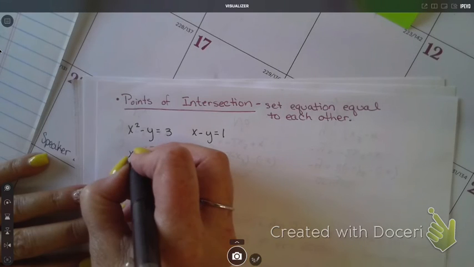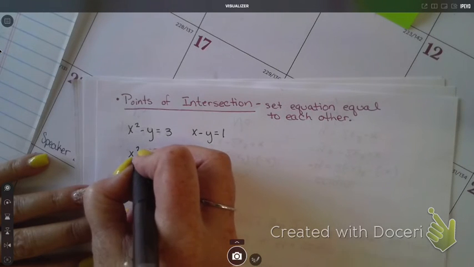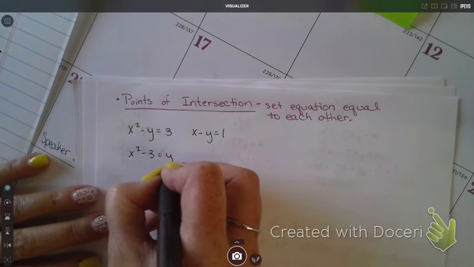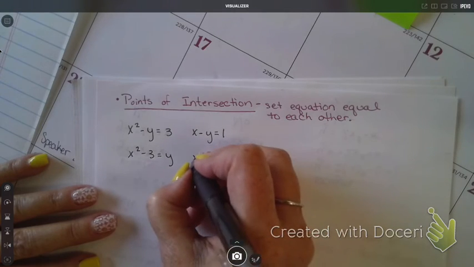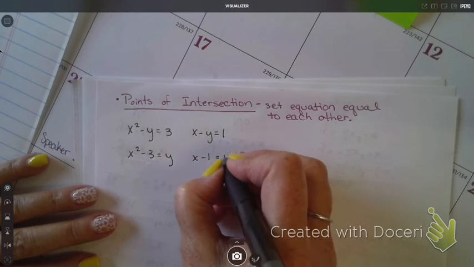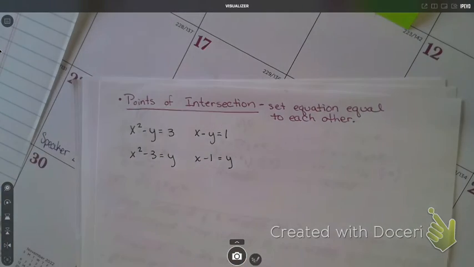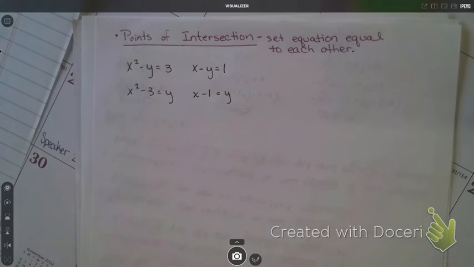So what do we got? x squared minus 3 equals y, and x minus 1 equals y. So that's that transitive property, right?